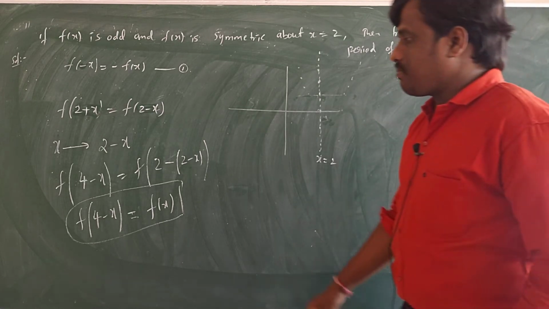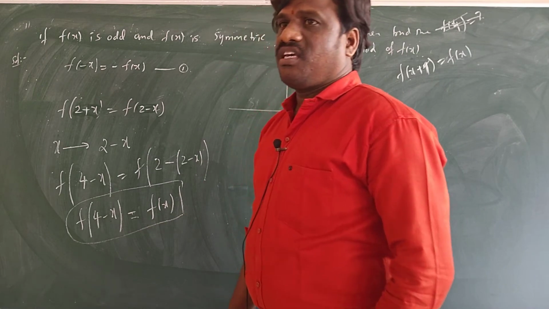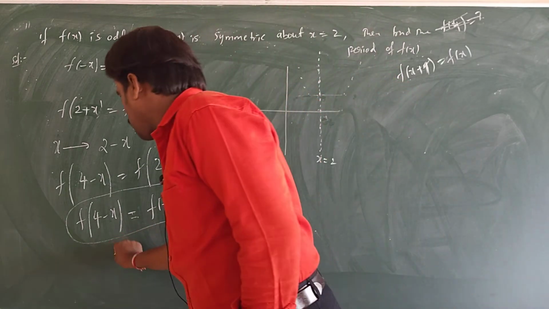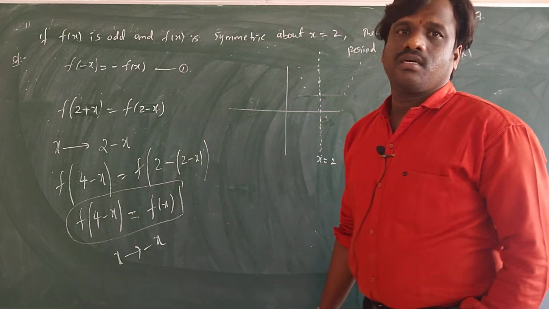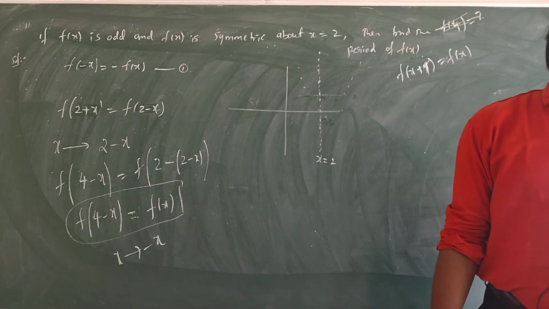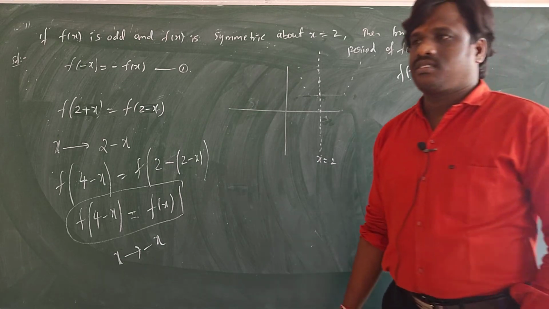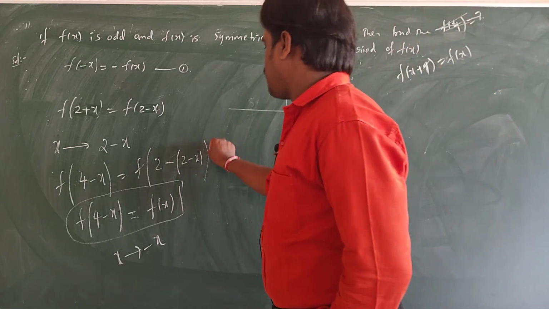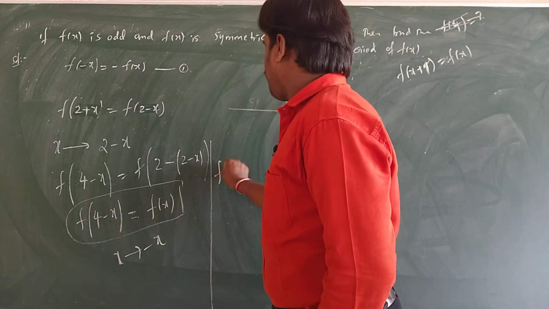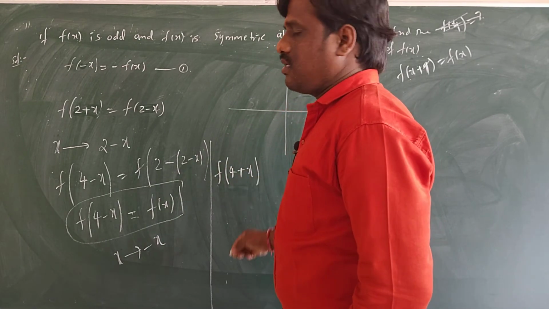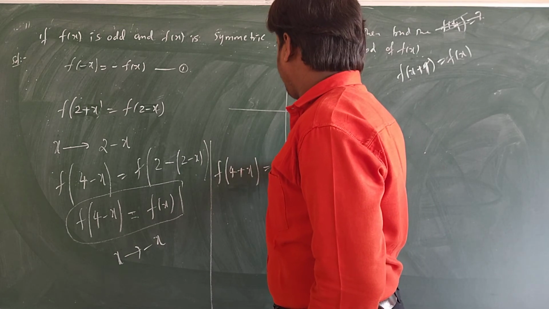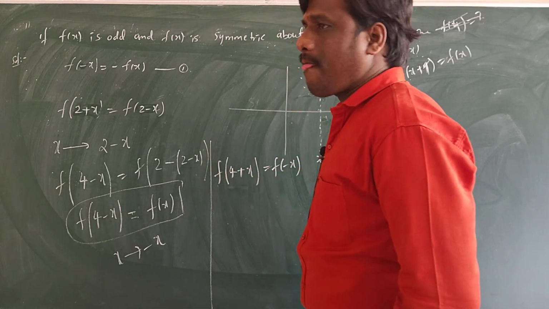But I have to get plus. If I want to get plus, x should be replaced with minus x. X should be replaced with what? Minus x. If I replace with minus x, what do I get here? F of 4 plus x is equal to f of minus x.